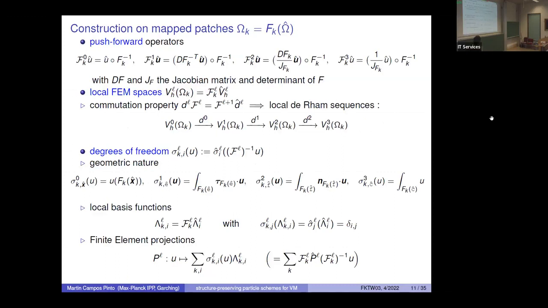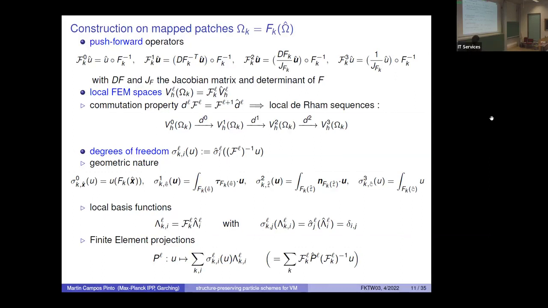And so you have these push-forward operators, and you construct the spaces by pushing forward the reference fields. These push-forward operators, they commute with the differential operators so that you have the de Rham sequences on every mapped patch, and you define the degrees of freedom by pulling back the fields and evaluating the geometric degrees of freedom. And by doing that, you have exactly the same kind of geometric degrees of freedom on the mapped patches for all the edges and faces and cells that have been mapped forward.